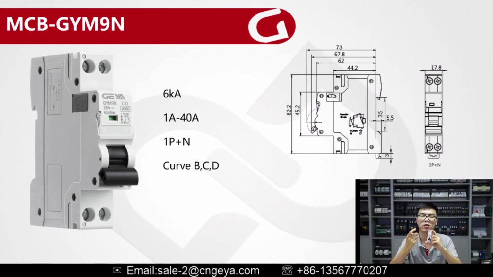Only the poles, it is 1 pole plus 1 neutral. So there are 2 terminals on the product. And its rated current is only from 1 ampere to 40 amperes. It cannot do 63 amperes. So this is also the second difference.